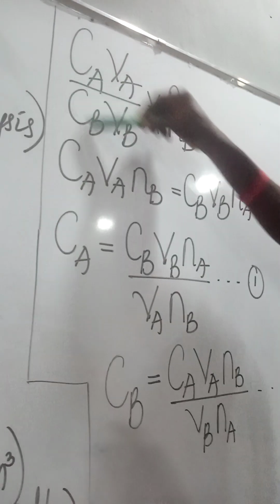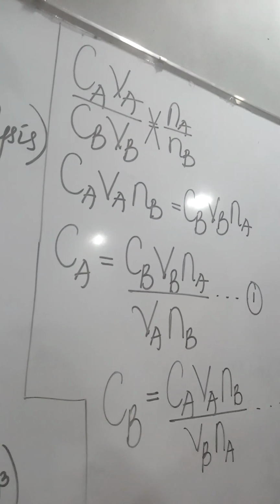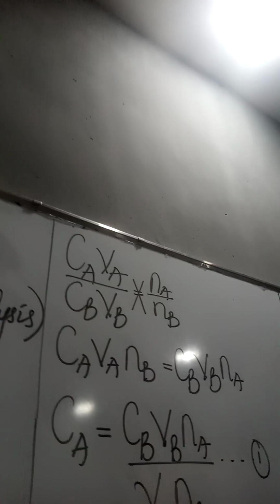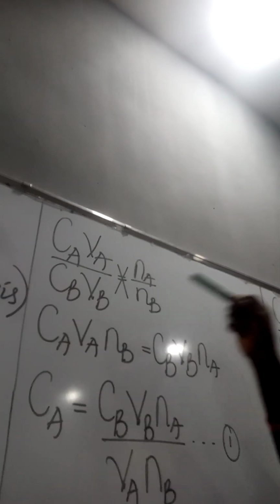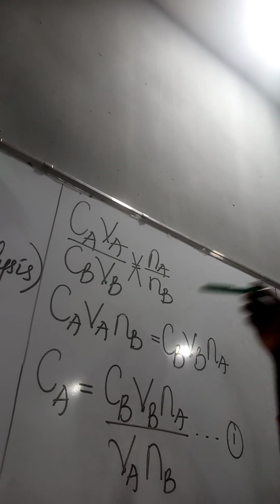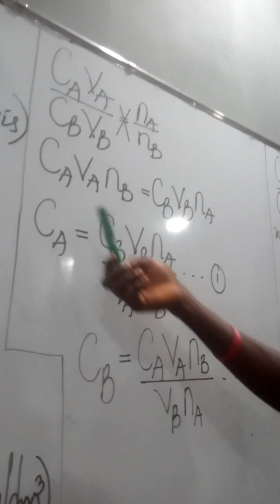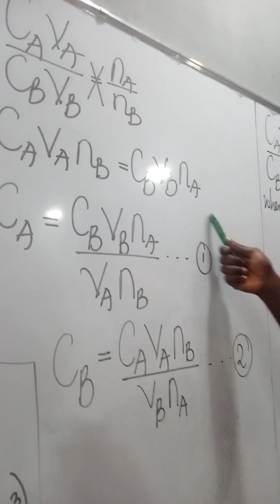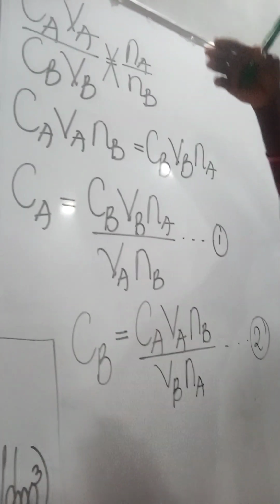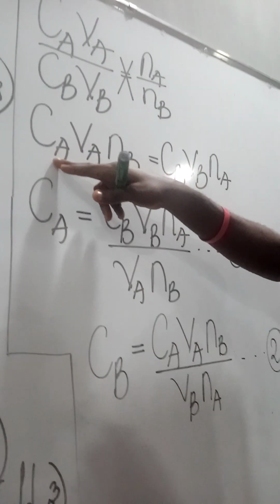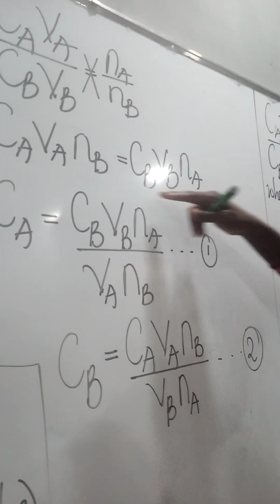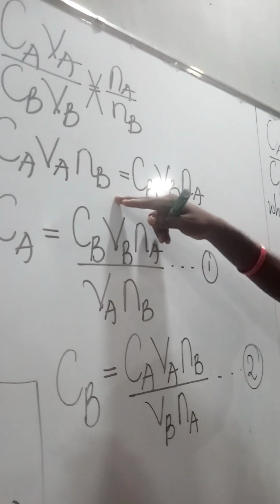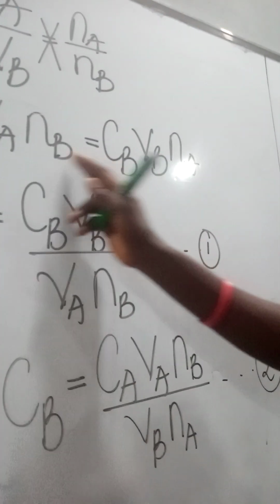So what I did here is to write down this first expression, and then we cross multiply, applying the change of subject principle. Making Ca the subject of the formula, we divide by Va Nb. This is what we have.